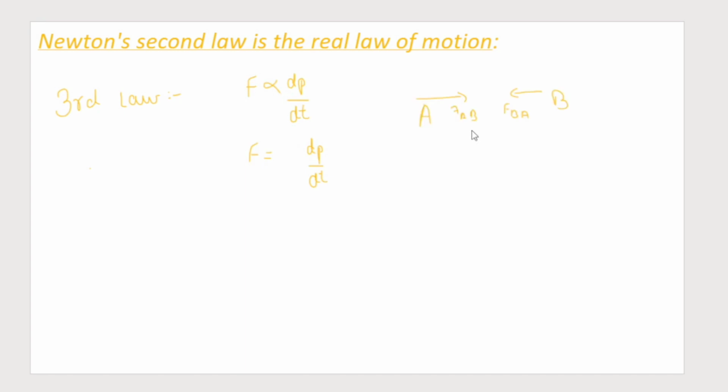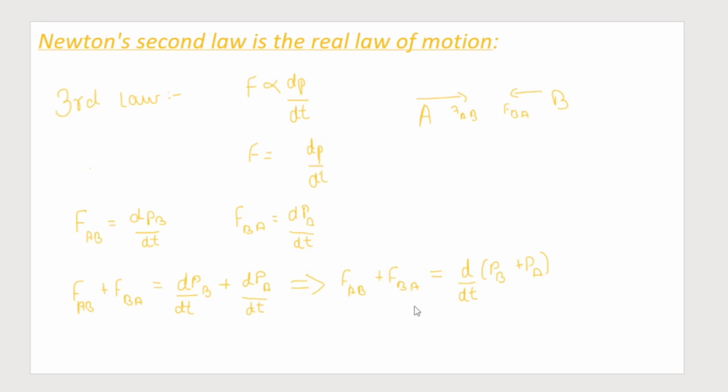Now the rate of change of momentum for this force will be dpb by dt, and for this it will be dpa by dt. Adding both the forces, we get FAB plus FBA is equal to dpb by dt plus dpa by dt. Taking d by dt common here, we get FAB plus FBA is equal to d by dt of (PB plus PA).